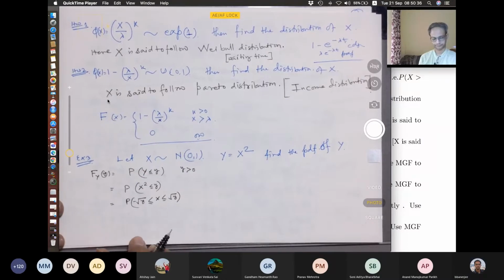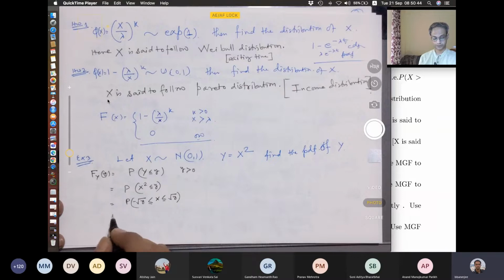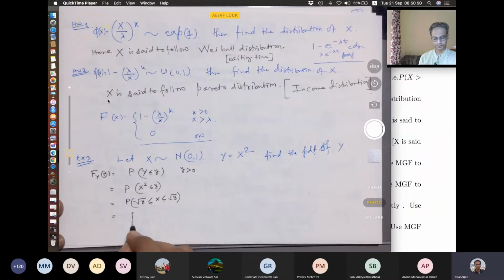Then what you can do, immediately you can write it in this form: integral from minus root y to plus root y of e to the power minus half x square by root 2 pi dx.